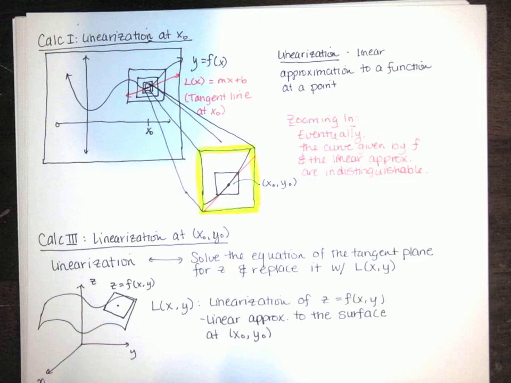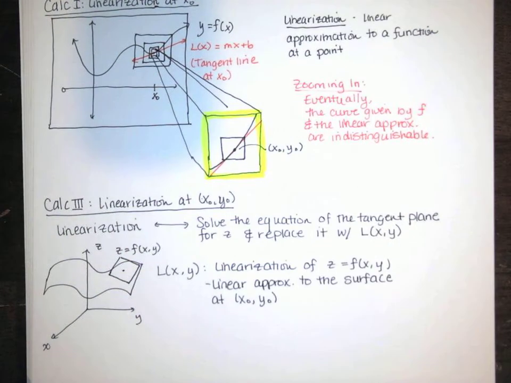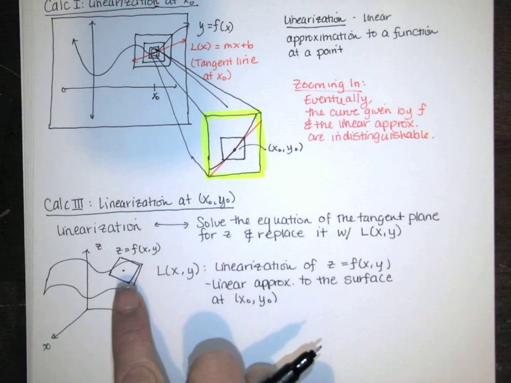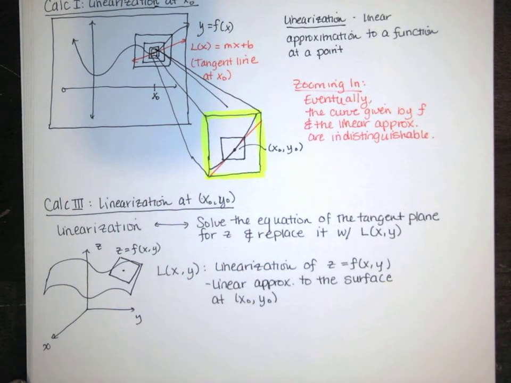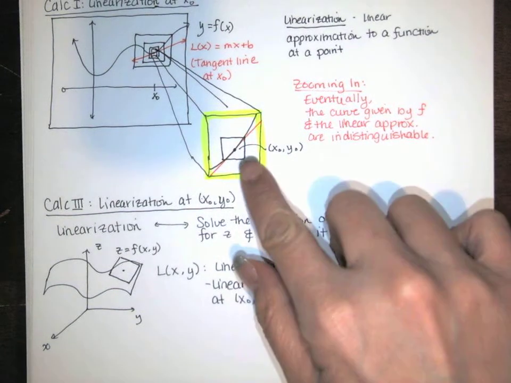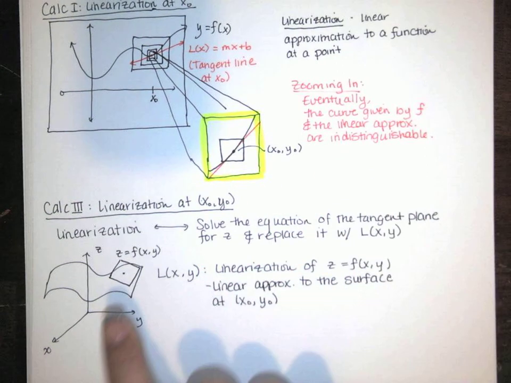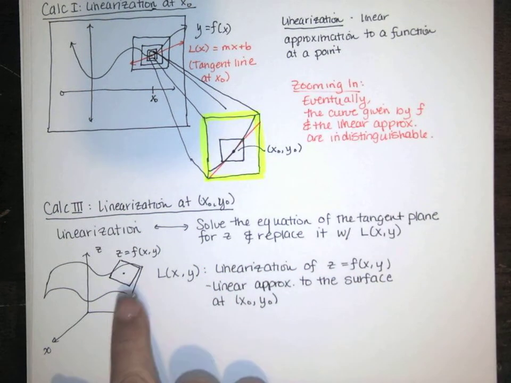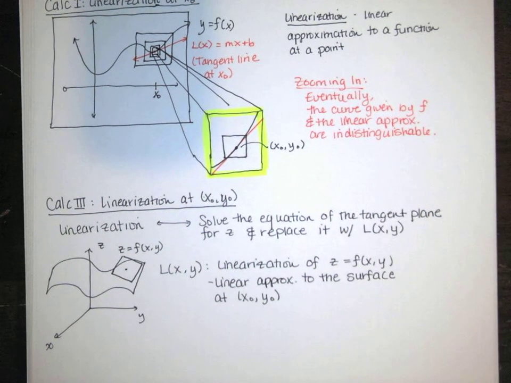Well, this zooming in process that we did earlier in Calculus 1 can be done again. We zoom in and we zoom in and we zoom in. And here's where I almost sound like a flat earther apologist. Eventually it looks flat. It looks like a plane, just like eventually this looked like a line. Eventually we get so close that the surface and the tangent plane are indistinguishable.